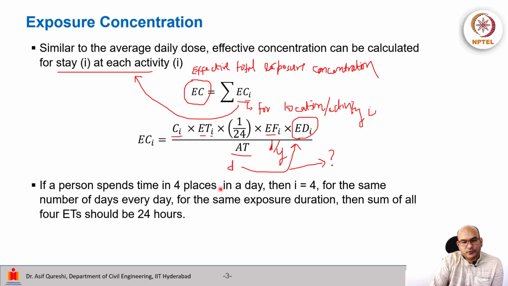So a person is in a room for 2 years, and might be spending 2 hours in kitchen, 8 hours in bedroom, 6 hours in living room, and so on. Sometime in dining room, or maybe 10 hours in living room. So if a person spends time in 4 places in a day, then I equals 4, because we have 4 stays.